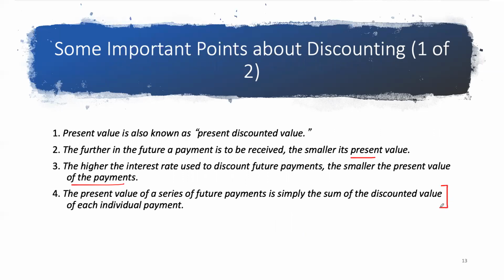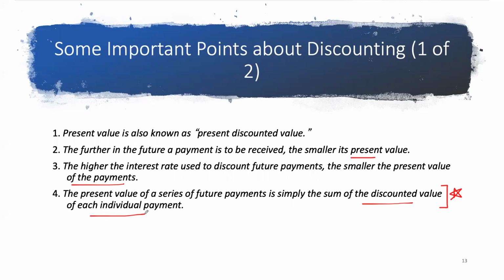Now, the last point here is the most crucial point that I want to mention, right? Because this is the genesis of how we do valuation or asset pricing in general. The present value of a series of future payments is simply the sum of the discounted value of each individual payment, right? When we think about a financial asset, it's an asset which is going to throw off cash flows at different points in time.